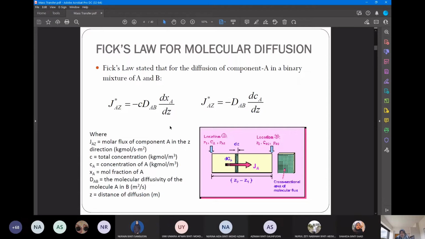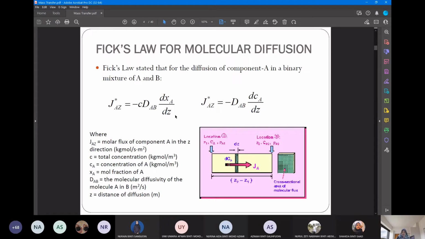And you are also given the length, the distance of the flux, because you're talking about moving from position 1 to position 2. How long is the distance? You have to know the distance, because in Fick's law, you have the difference in distance.